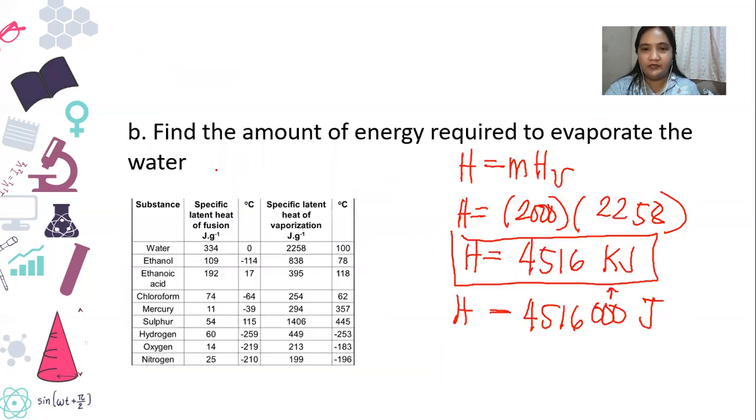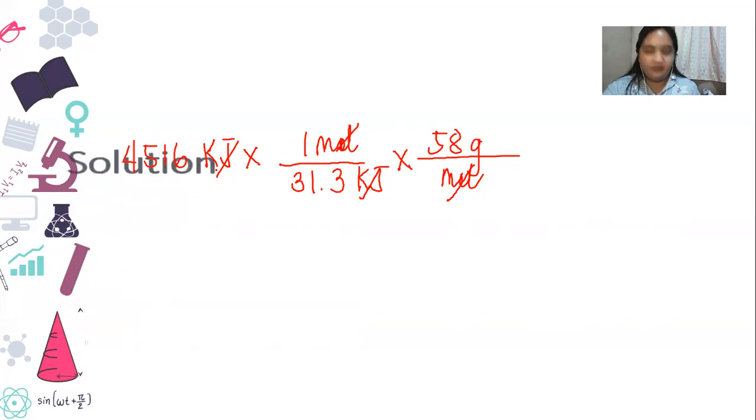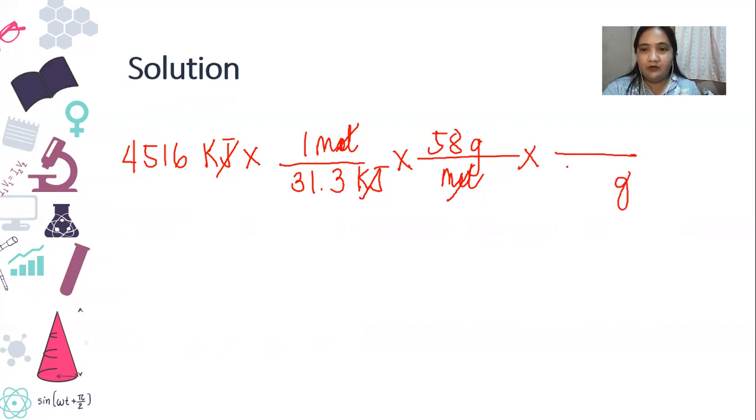So we're looking for the mass. We actually already derived it. So we're getting it here in grams. So that's 1,000 grams per 1 kilogram. So what is our final answer? If I compute that, that's 4516 times 58 divided by 31.3 divided by 1,000.